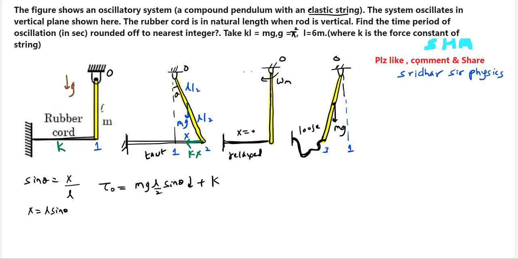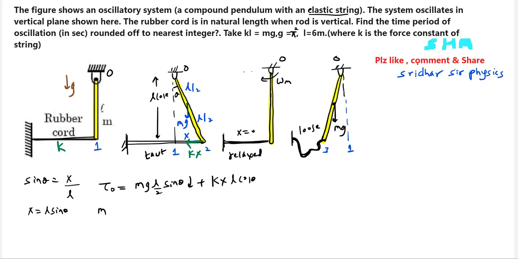Torque due to spring force: kx, this is the kx. This is the perpendicular distance. What is the perpendicular distance? Equal to L cos theta. So the perpendicular distance here will be L cos theta.